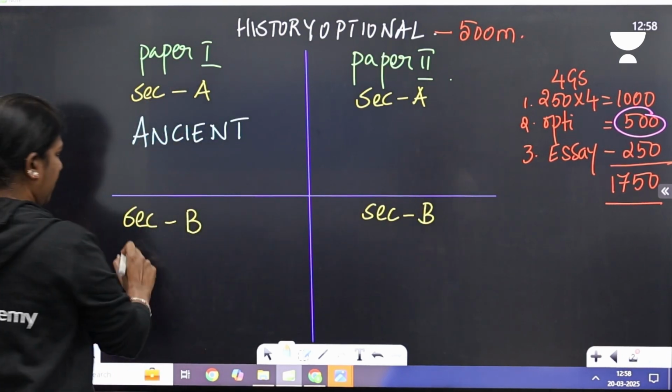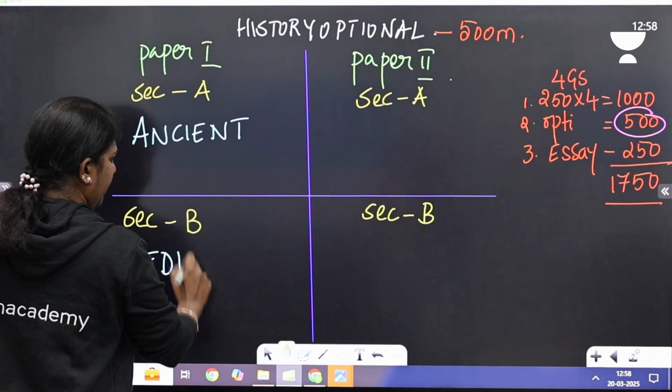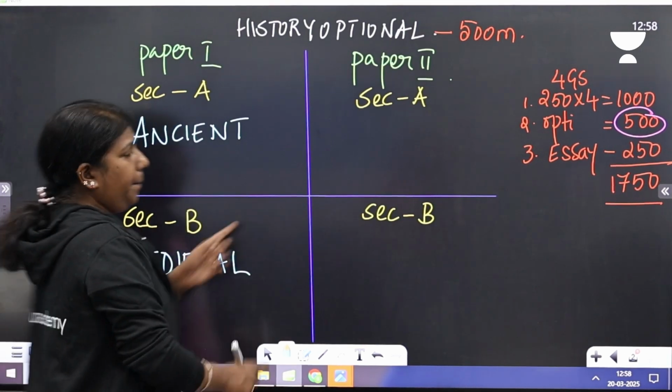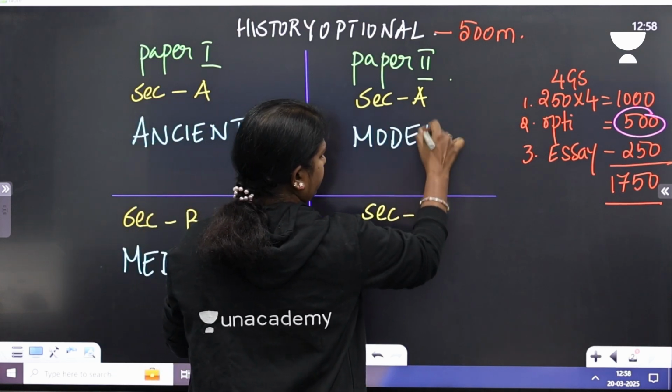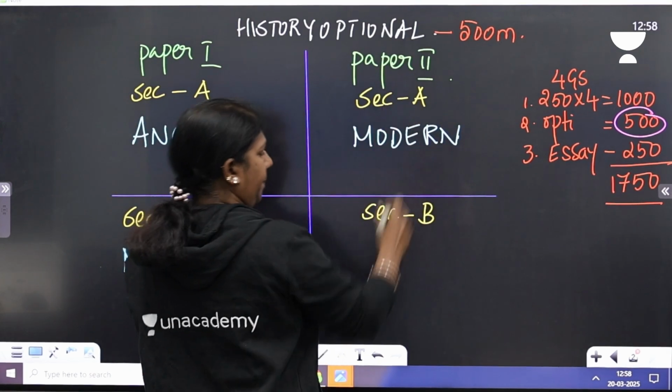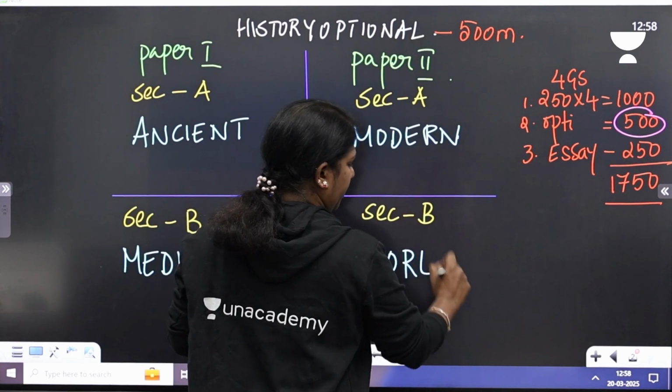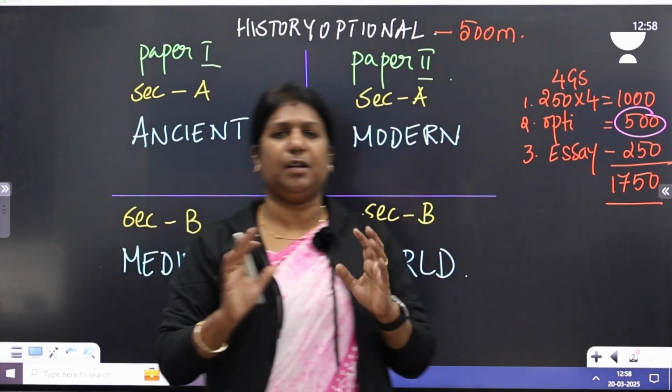Paper 1, section B is our medieval Indian history. Paper 2, section A is modern Indian history. And section B, paper 2 is world history. So this is our syllabus.